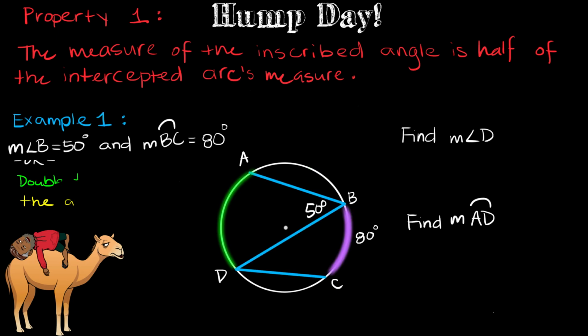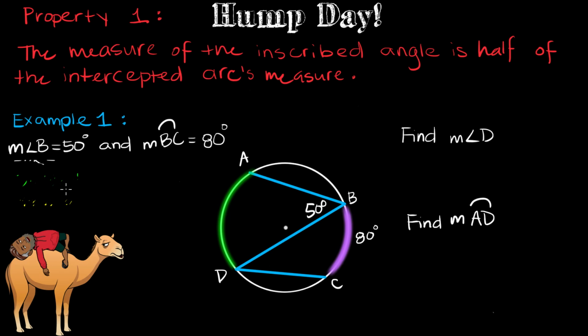All right, take a look at our first example. Example number 1. What we've got here is that the measurement of angle B is 50 degrees, and the measurement of arc BC comes out to 80 degrees. So we're going to figure out what is the measure of angle D and what is the measure of arc AD.